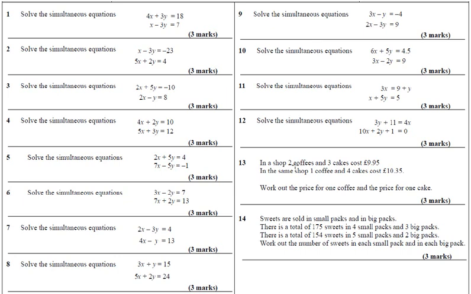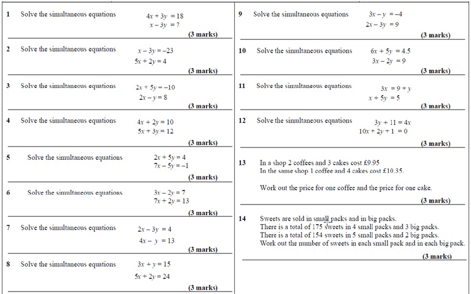So let's call it D for drink and C for cake. So you could write 2D plus 3C equals 9.95. 1D, one drink, plus 4C equals 10.35. And then you can solve the simultaneous equation in the same way as you've been solving all the other ones.